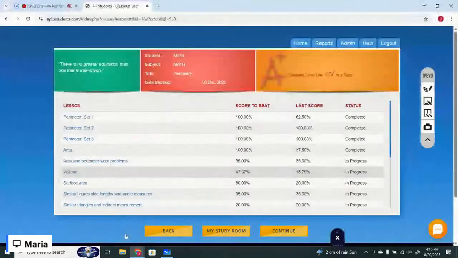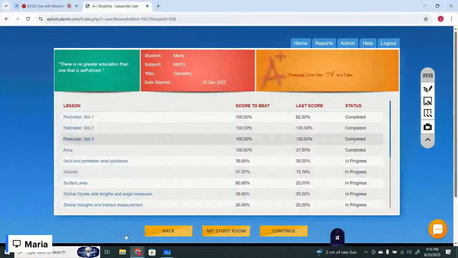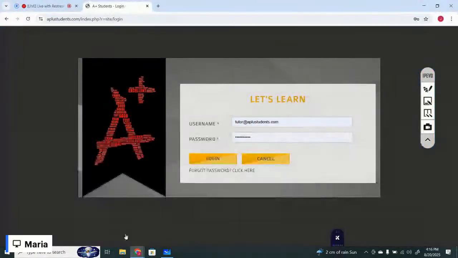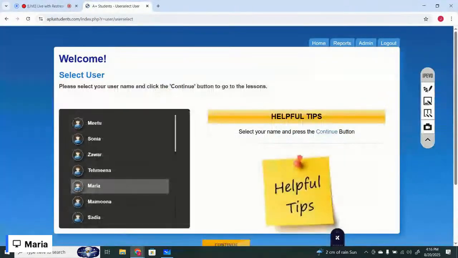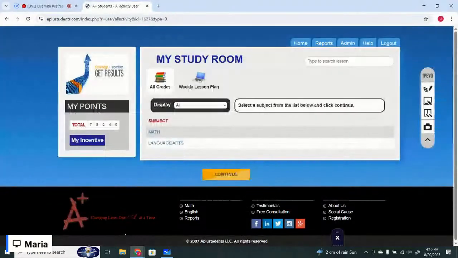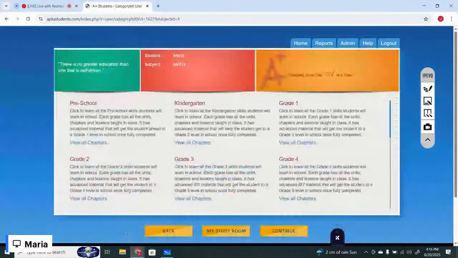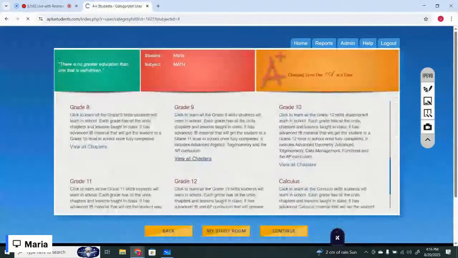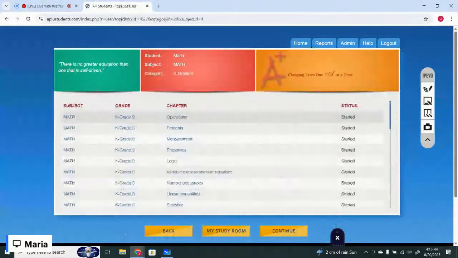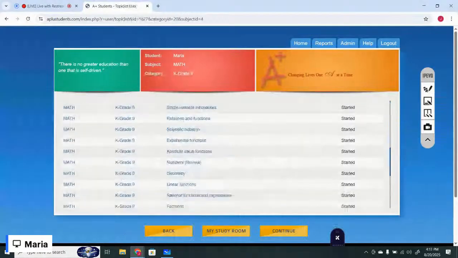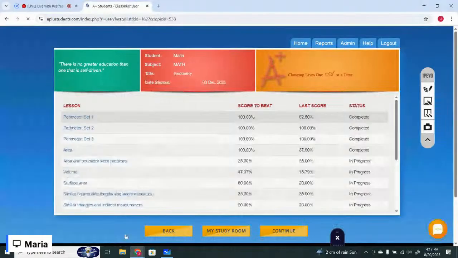Let's just start with the lesson perimeter.